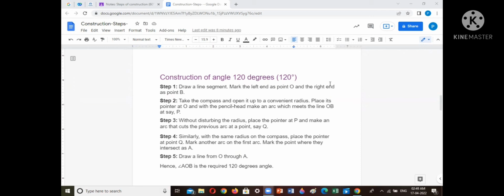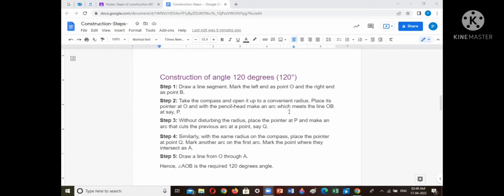We made two arcs on the first arc. Now the second arc which we made on the very first arc, let me name that as point Q, not talking about the point A but talking about the point Q. I will make a line from point Q to point O, and that is where I get my 120-degree angle.